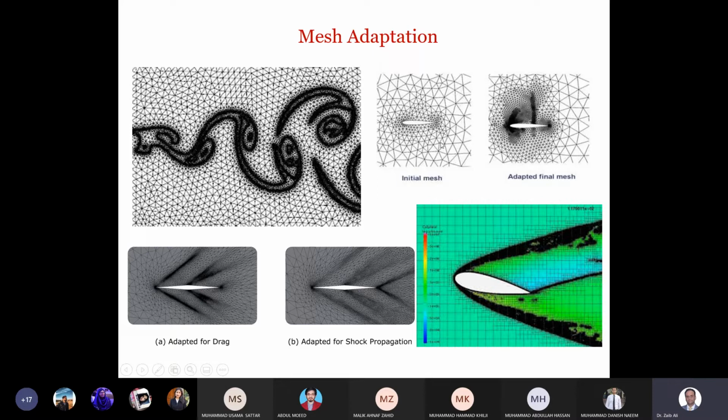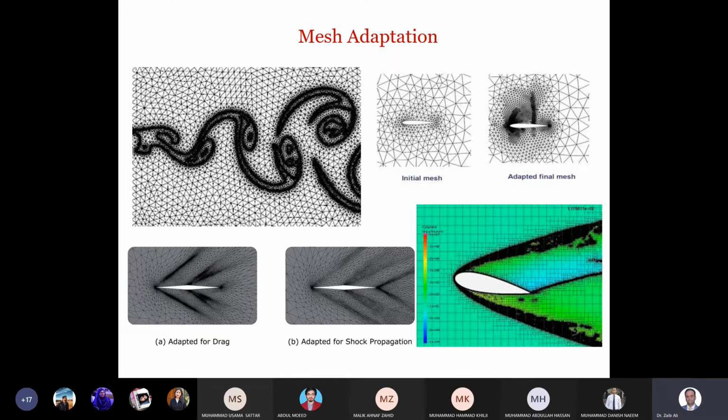You ran a solution on it, and then there is a shock on the upper surface of the aerofoil. And here you want to capture the flow behavior also around this curvature of the leading edge and trailing edge. So you have these algorithms available in the meshing programs, which depending upon the flow activity can refine the mesh only in those regions where it is required. And away from those regions, we can have coarser mesh.